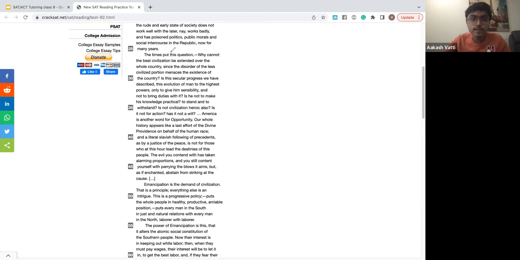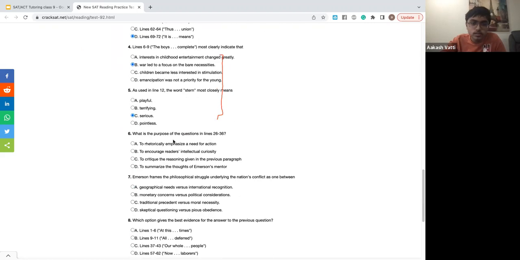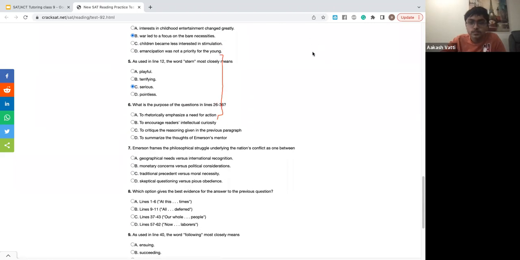So right here, from here to here, it's just like, why can't we do this type thing? To rhetorically emphasize a need for action. That sounds like an okay answer. To encourage the reader's intellectual capability. That doesn't sound like the answer, because it's not encouraging the reader to do anything. So why isn't this working?